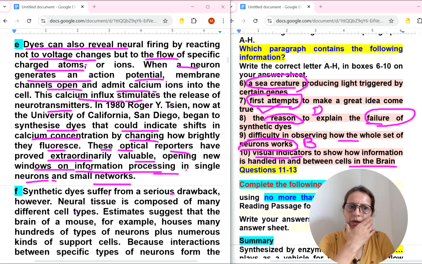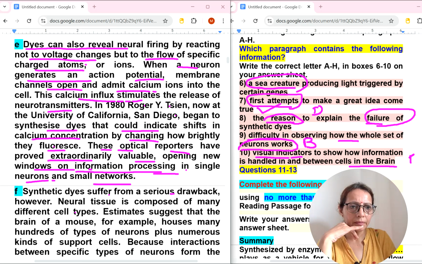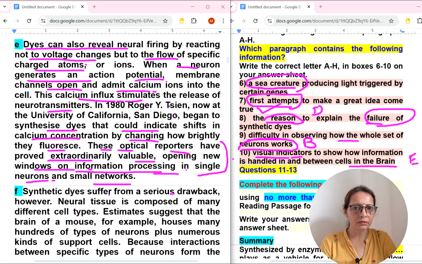Neurons is also brain. Neurons is also related to brain only. So till now I will mark it E, but definitely I have doubt on this. Okay. So with these words I have got some clues that they must be talking about these lines in 10th. So let's move to F number paragraph.